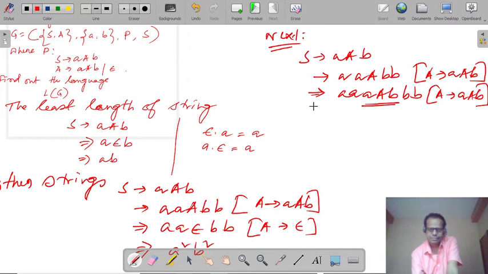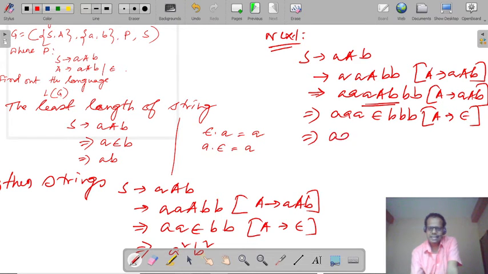Now a a a epsilon b b b, where we use the production A implies epsilon. So we are getting a cubed b cubed.